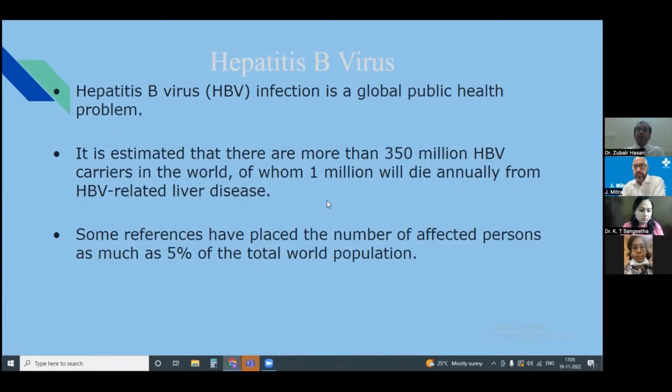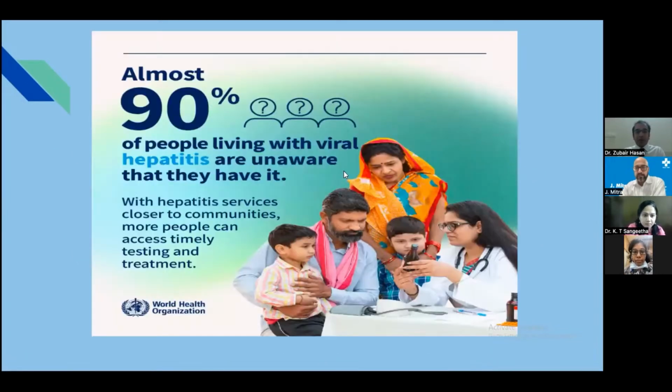Some references have placed the number of affected as much as 5% of the total world population. That's quite a lot, right? Now, if you look at the WHO figures, it says 90% of people living with viral hepatitis are unaware that they have it. So just imagine the magnitude. That's something mind-boggling, right?